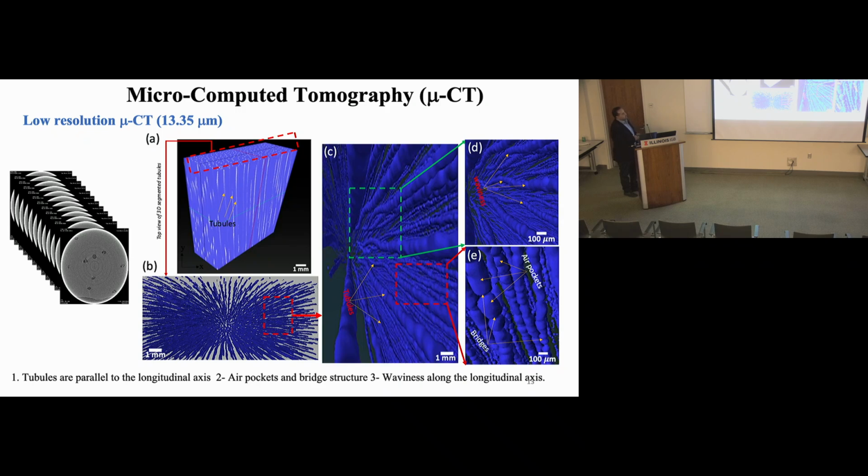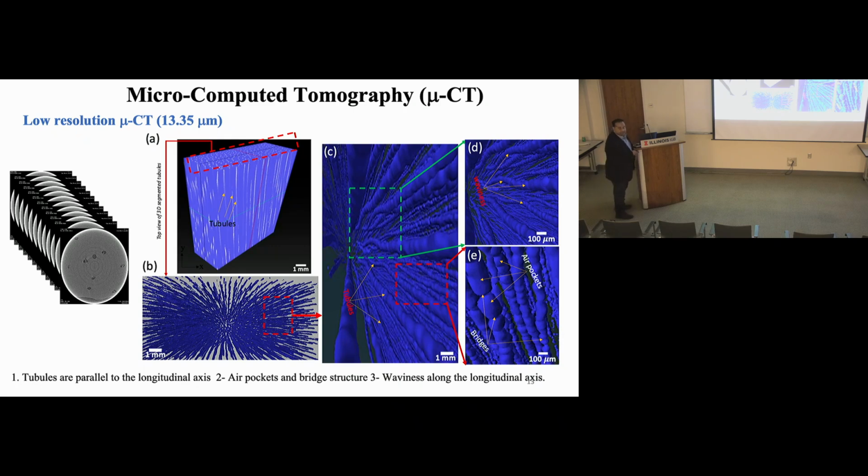And then as you can see here, the tubules are very clear. They are very parallel to the longitudinal axis of the horse hoof. And here is a top view of this cube. You can see it's very dense. There are a lot of them in a very tiny area. And as you go to more magnification, you can see the tubules.